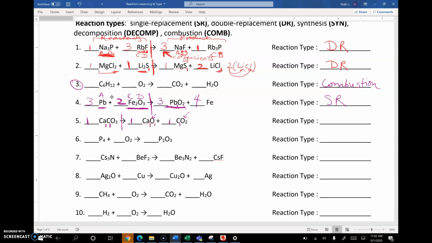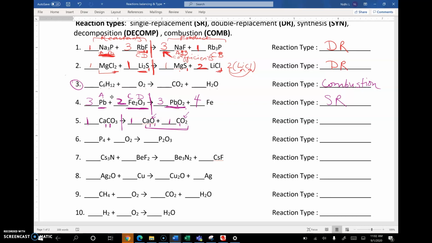Remember, once again, you're balancing each of these elements from the left side, from the reactant to the product. So you have to add these up, okay? So you have 2 oxygen here and 1 more, that's 3. So this equation is balanced, and all you have to do is just put 1, 1, 1.